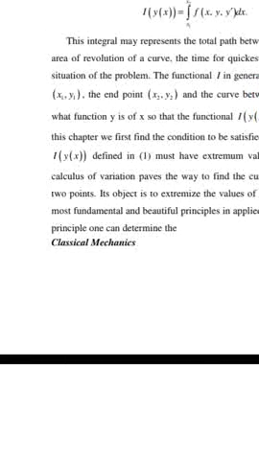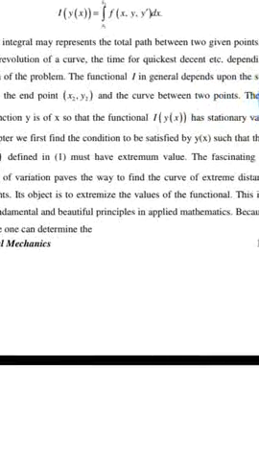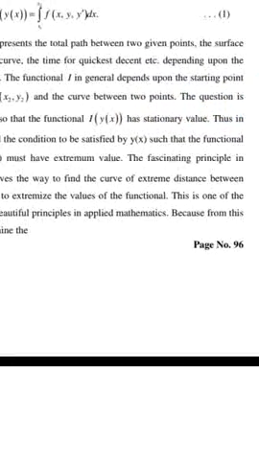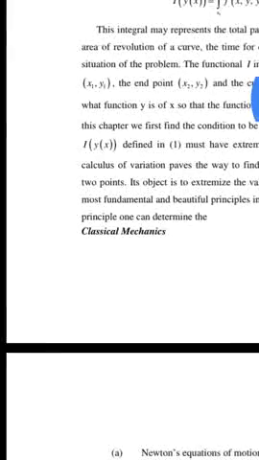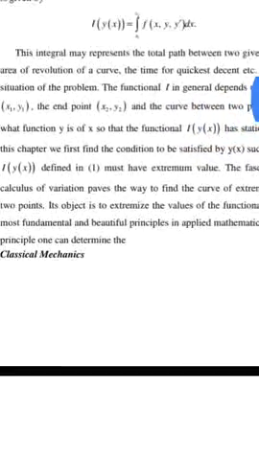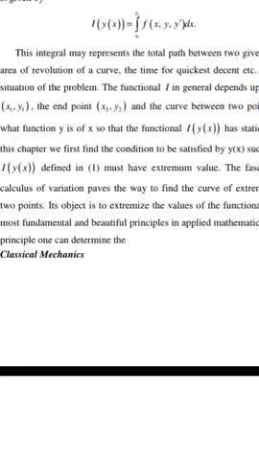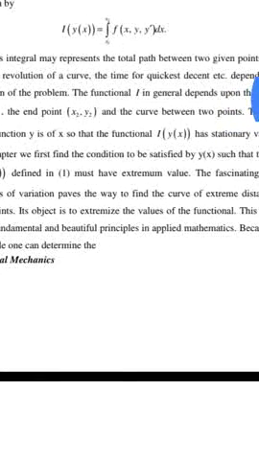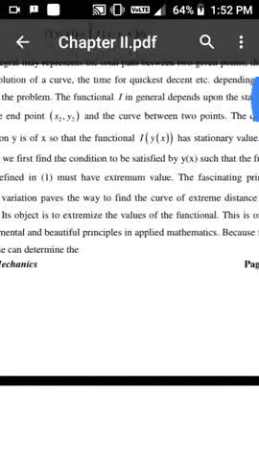Thus, in this topic, we study the condition satisfied by y of x, such that the functional I of y of x, defined as the integral from x1 to x2 of f of x, y, y dash, must have an extremum value.